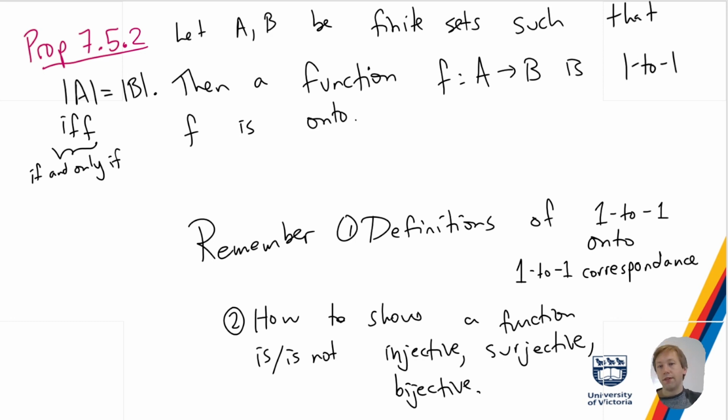If you're concerned that I didn't give you any examples showing things are bijective, that's because it's the same as showing something is injective and surjective. So if you know how to prove things are or are not injective, and surjective or not surjective, then you know how to prove that a function is or is not bijective.